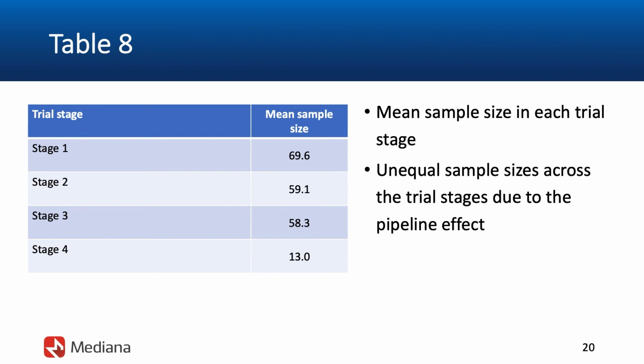And to quickly remind you, pipeline patients are those patients who are enrolled in a multi-stage adaptive trial between the end of the current stage, where the randomization scheme should be updated, and the actual time point where it is updated, because there's a bit of a delay.